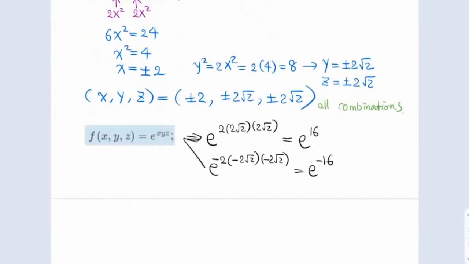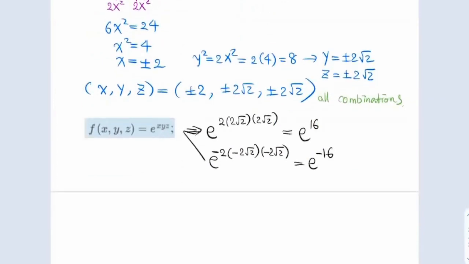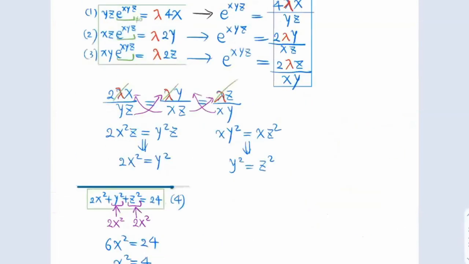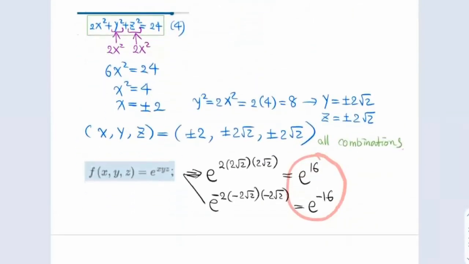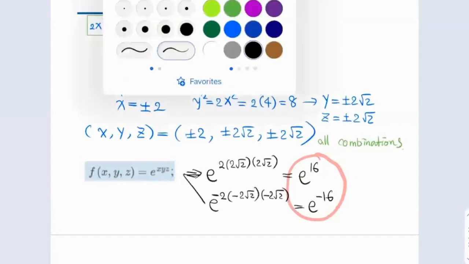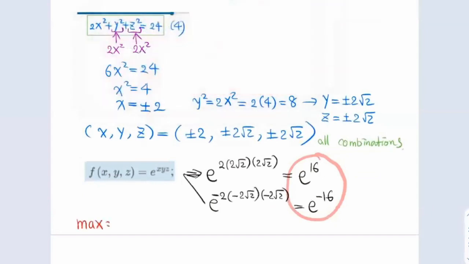Now we can just compare them and see which one is the max, right? So obviously the max will be e to the 16. And what's the min? E to the negative 16, that's less than 1.